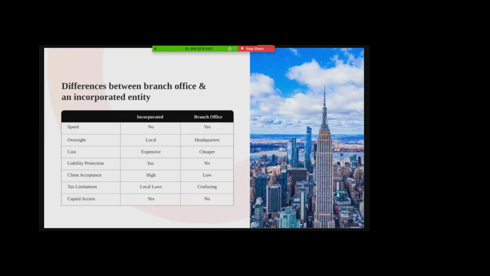The most important part, why we should have an incorporated entity, is the next one, the liability protection. Any liability of a branch office flows to the foreign parent also. Whereas if you have an incorporated entity, it probably ends there in America. So it doesn't flow into the foreign parent.